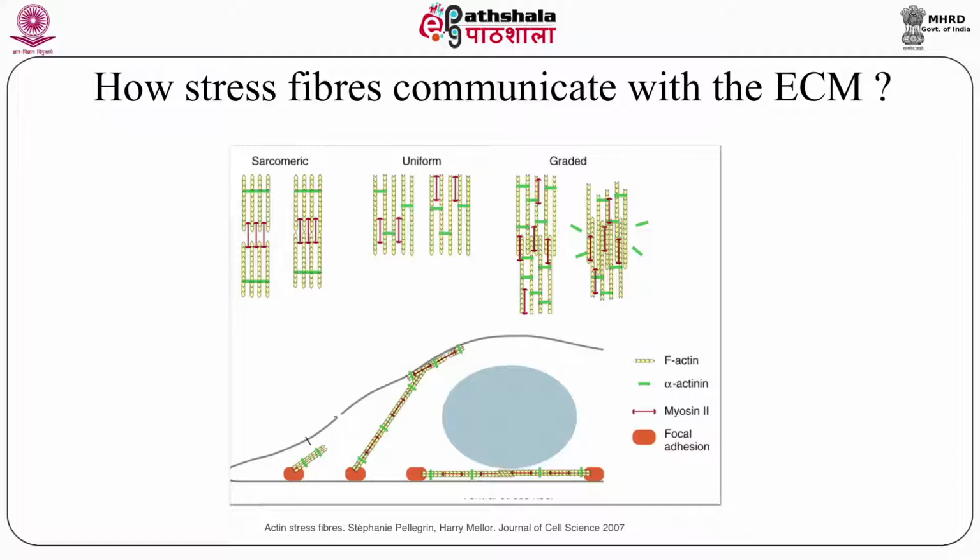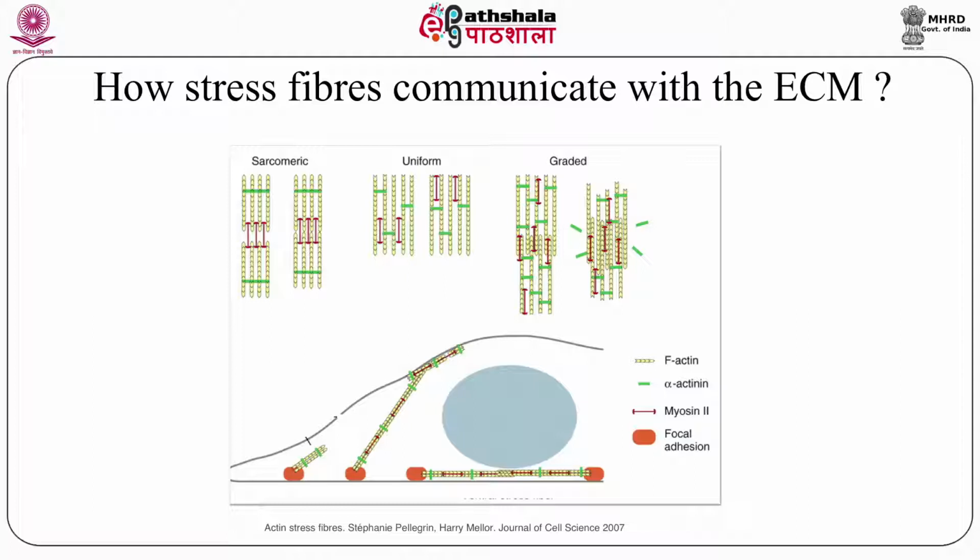On contraction, the myosin slides between the filaments, pulling them towards each other and closing the gap. You can appreciate here that the yellow lines with individual monomers of G-actin form the F-actin. The green colored protein is the alpha-actinin and the red color bars are the myosin 2.